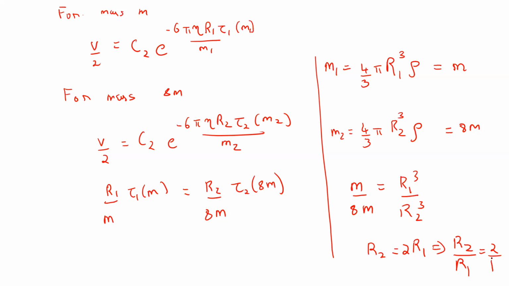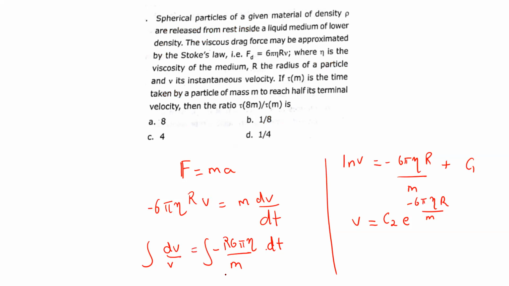Okay, so we just solve this now. When we solve this, we get tau 2 by tau 1 is nothing but 8 by 2, or nothing but 4. So this is your answer. So the right option here is option C.